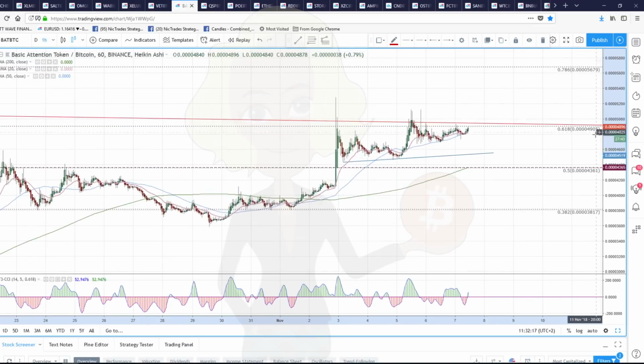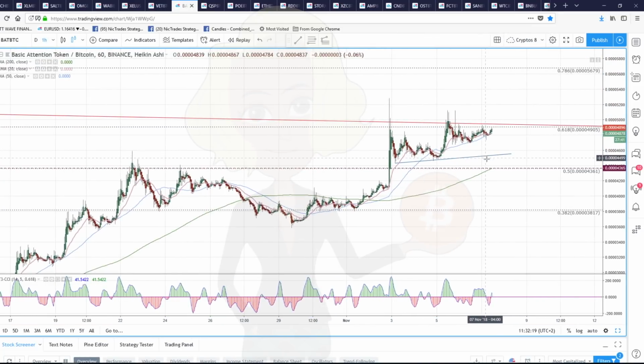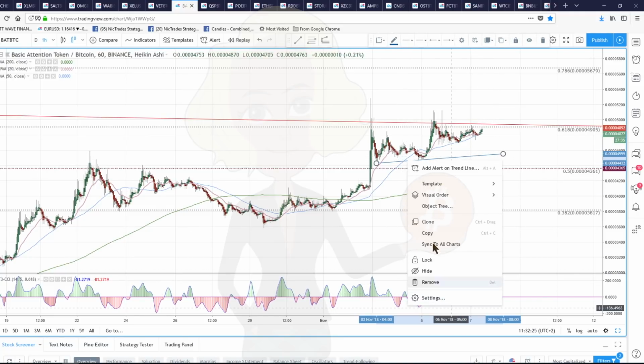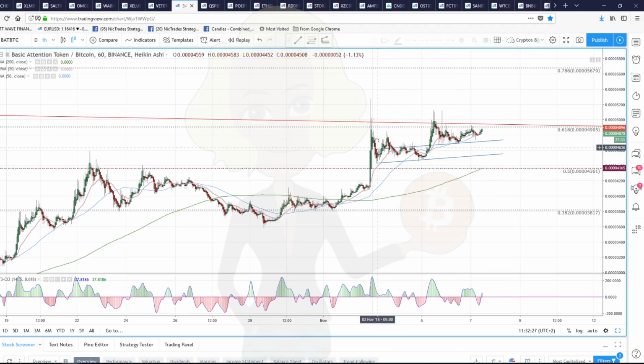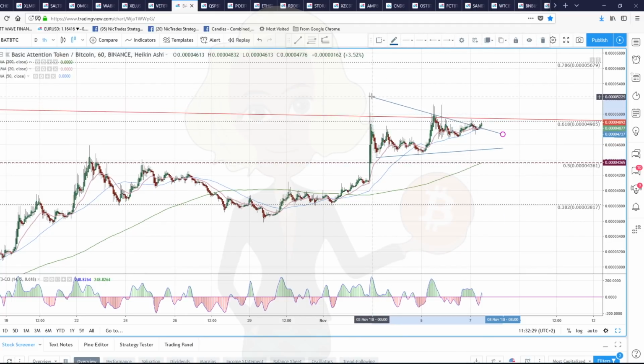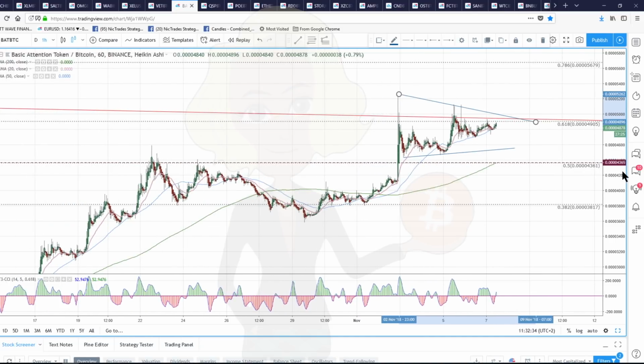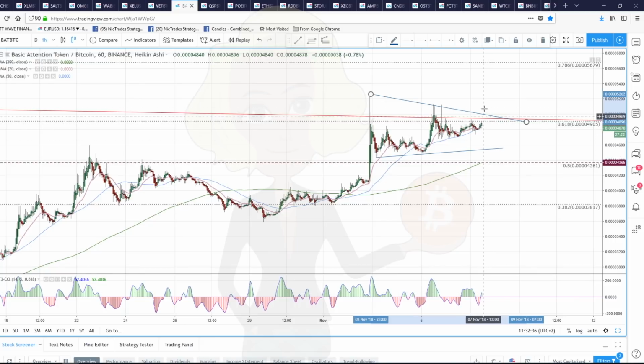So that's the bigger context of what we're looking at for this short-term hourly wedge. We're just setting up a buy here, but it's not really a buy until we break out in basic attention token. But when we do, this will be a big deal because of the bigger hourly wedge that we're in. So just keep an eye on this one.